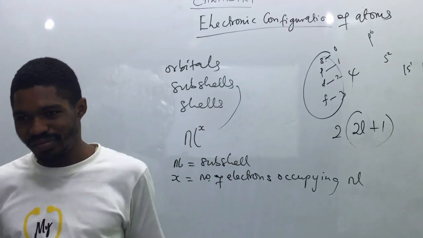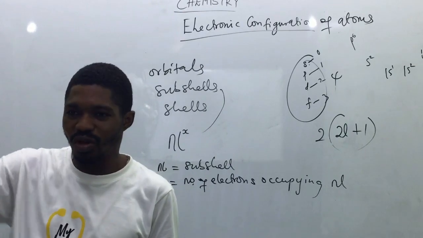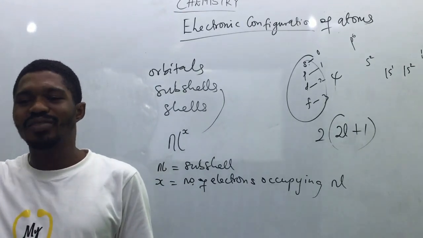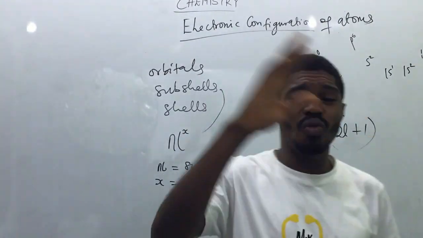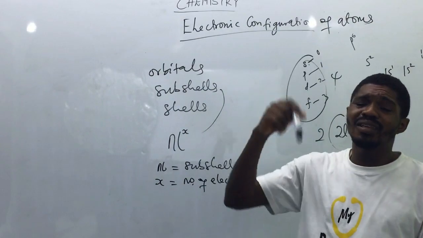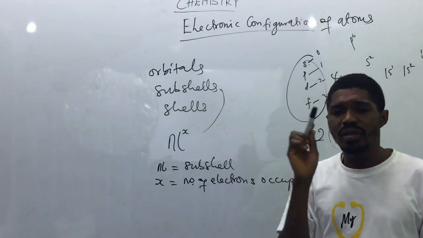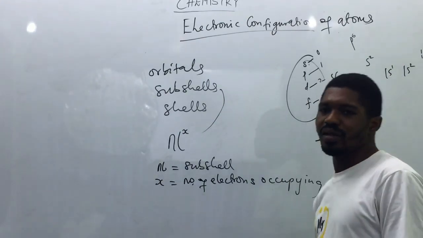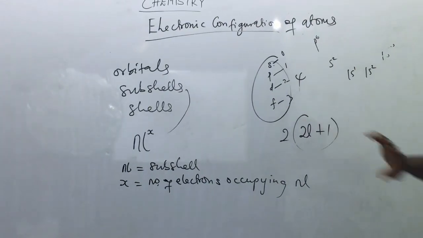If you define it very well, you say it is the most probable region where an electron can be found outside the nucleus. The most probable, because the electron is always in constant motion. So the particular place you are likely to find the electron at a particular instant in time is the orbital. It can be anywhere, but that very point where you can locate the electron is known as the orbital.